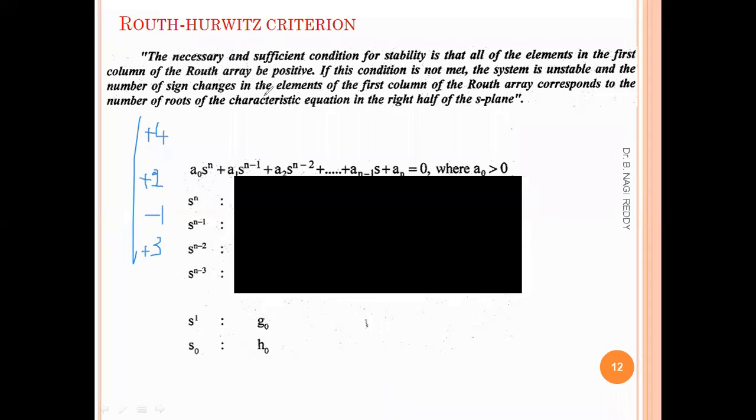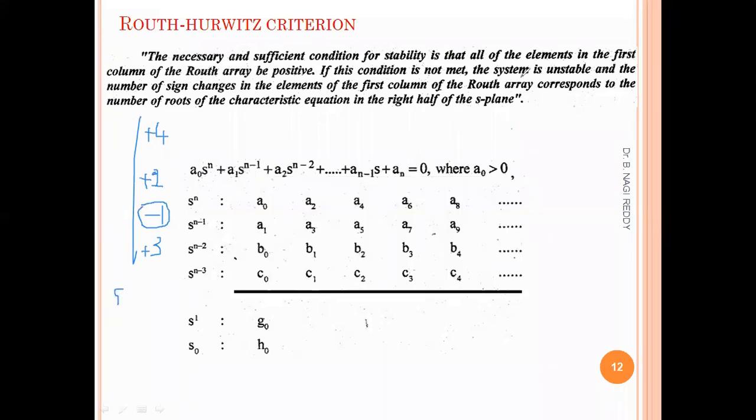According to the Routh-Hurwitz criteria, all the first column elements must have a positive sign, but we got a negative sign here. That means the given system is unstable. If all the coefficients are positive, then it is stable, but we got a negative sign, so this is an unstable system.